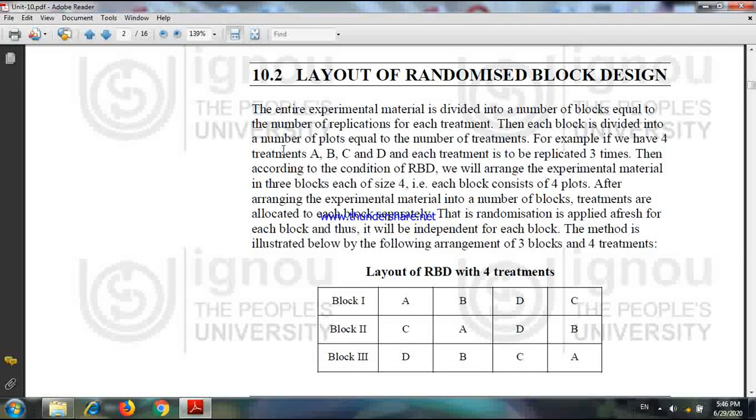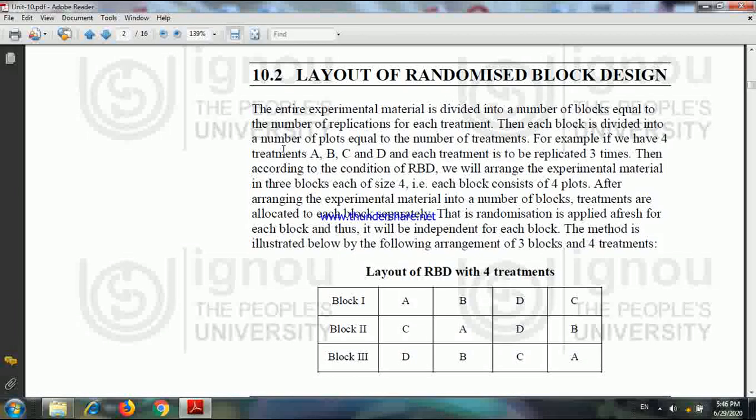Now in a large experimental area, if there is a slope, then the homogeneity in respect of fertility is violated. So if we divide the experimental area into small experimental units, those units will not be homogeneous in regard to fertility.